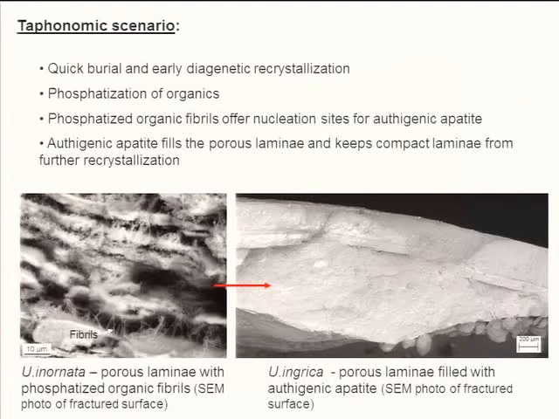In porous lamina, however, the crystals are much bigger. So we have several chemical as well as structural aspects which suggest that the apatite in compact lamina and the apatite in porous lamina have a different origin.